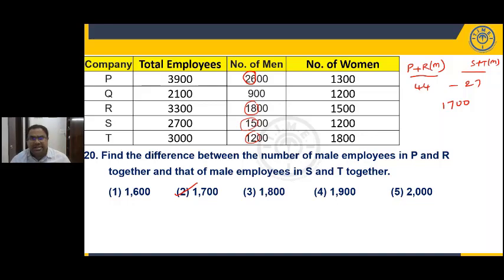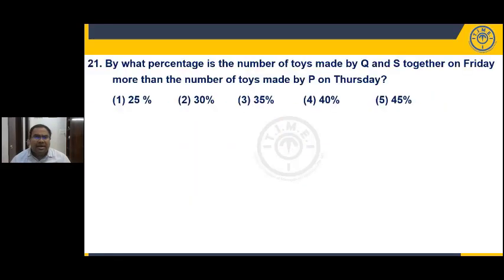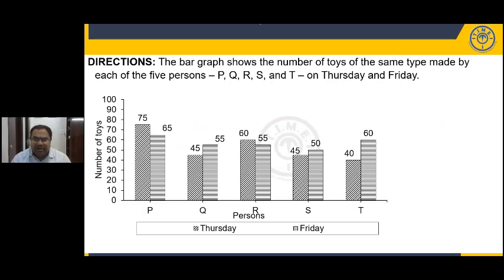Let's move on to the next set. 21 to 25, it's a bar graph. Again, this bar graph was there in one of the slots in RRB PO prelim 2021, last year. Go through this set, then we'll discuss. Just go through the data, we'll discuss.